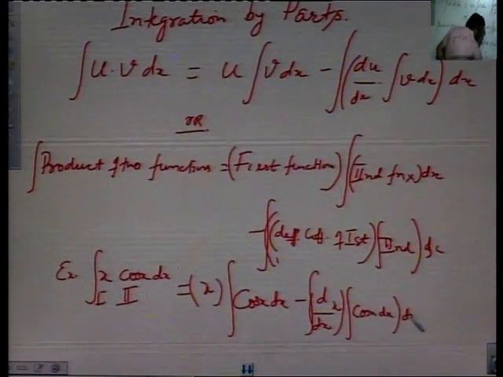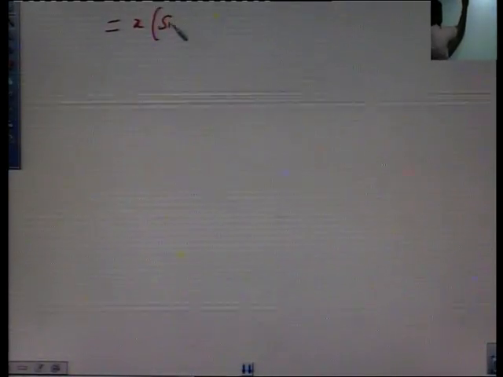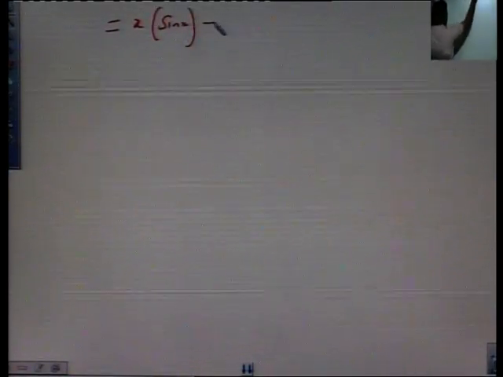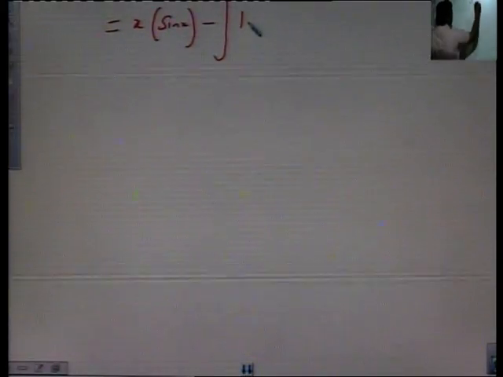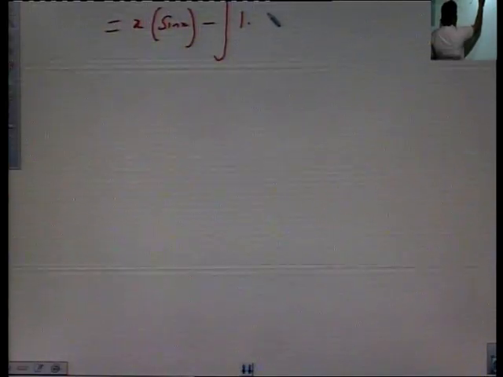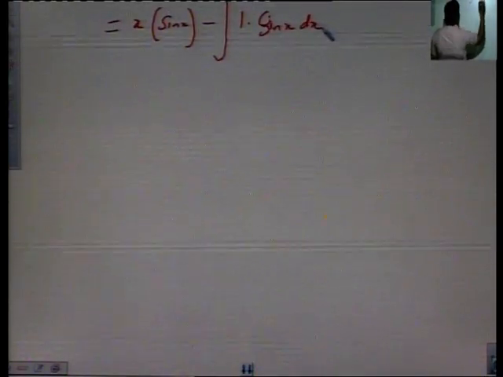Now, what it becomes? Integration of cos x is sin x, minus whole integral of derivative of x, which is 1, into integration of cos x, which is sin x dx.